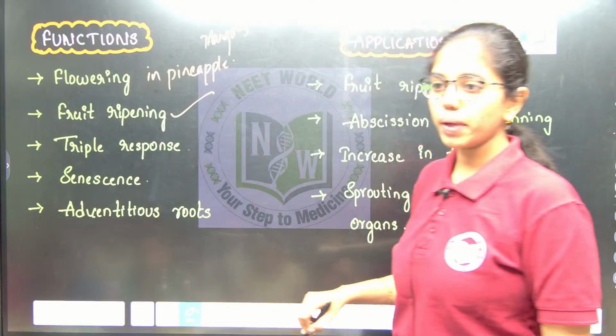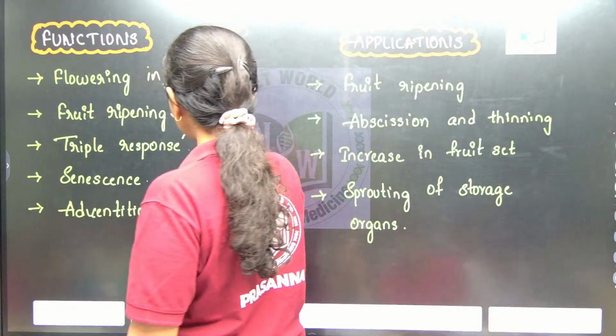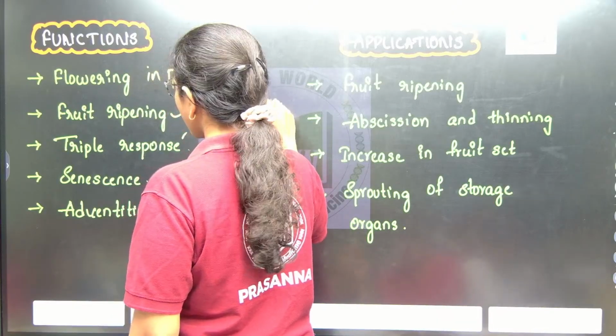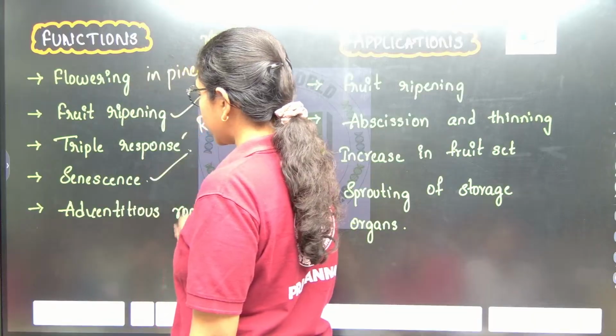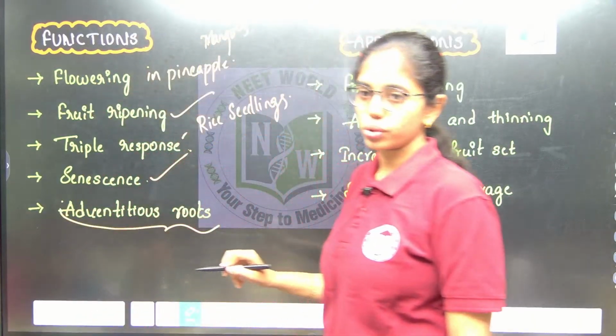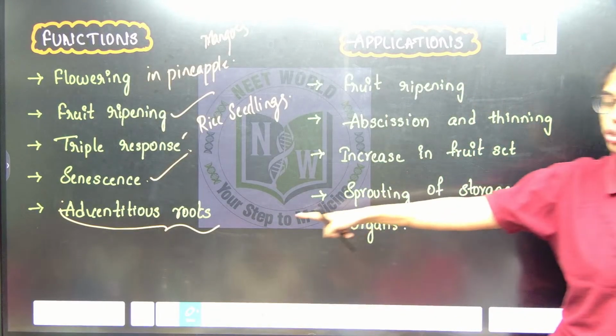Increases fruit ripening. It promotes the triple response in rice seedlings. Promotes senescence, and it promotes the growth of adventitious roots in stem cutting regions. In that case, it is synergistic to auxin.